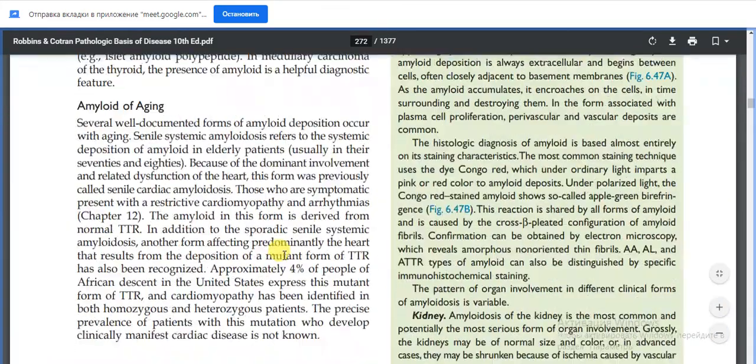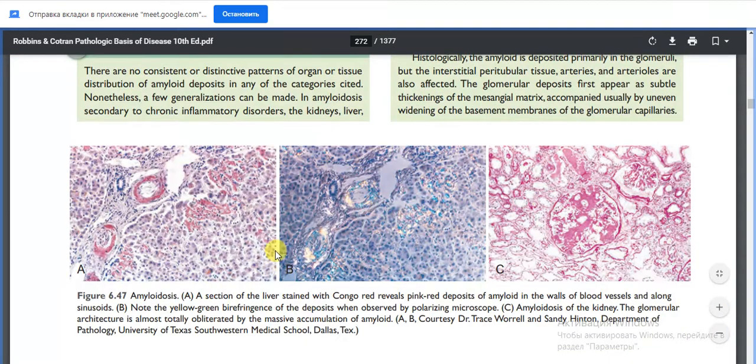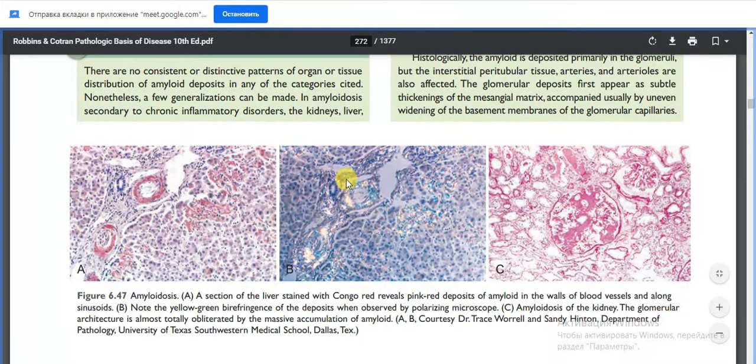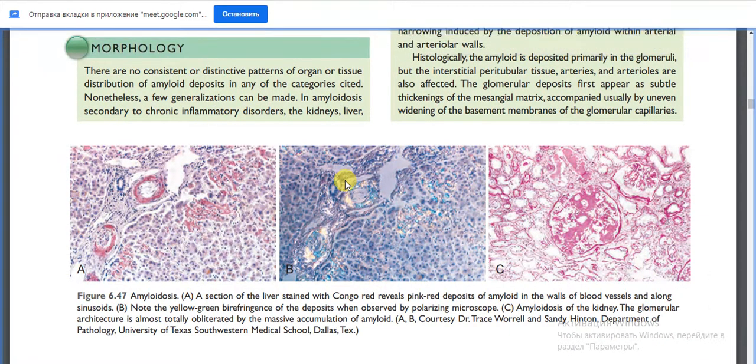Amyloidosis is a collection of these proteins inside tissues, and the tissue where we recognize it first is the kidneys.